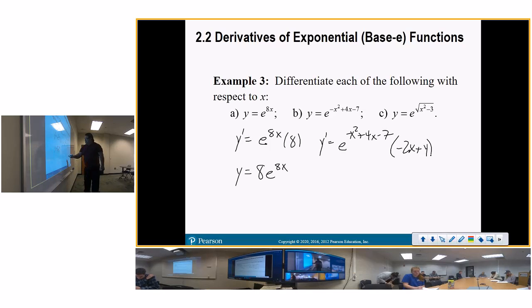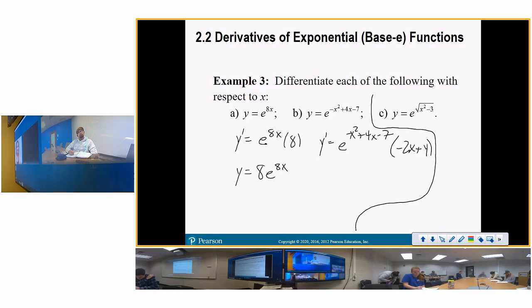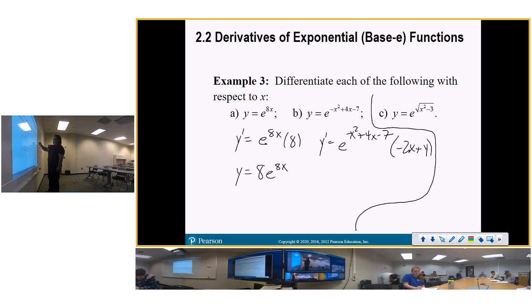And c, let's put c down here. Let me just draw this. C, you've got e to the (x squared minus 3) to the 1/2 power. So that's going to be e to the (x squared minus 3) to the 1/2 power times 1/2 (x squared minus 3) to the negative 1/2 power times 2x.